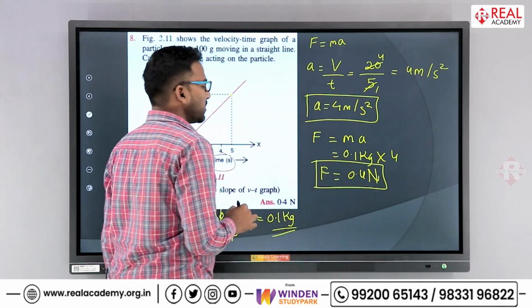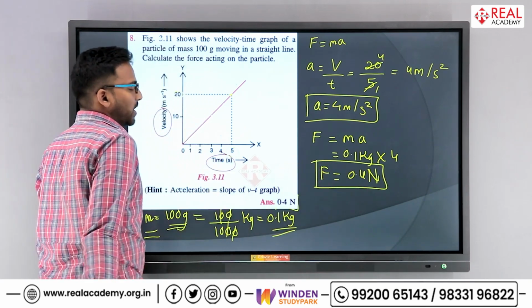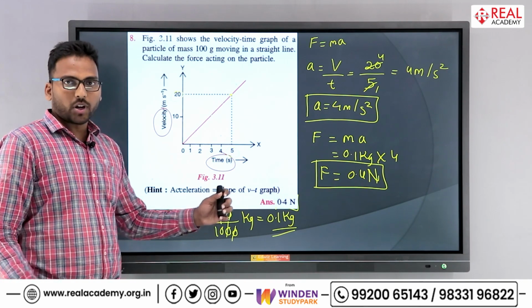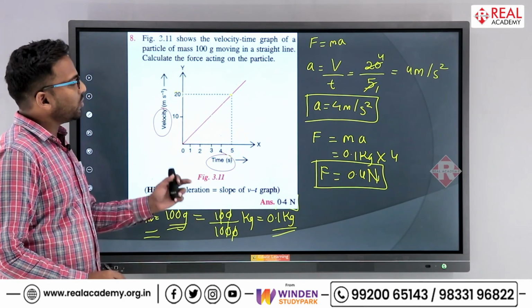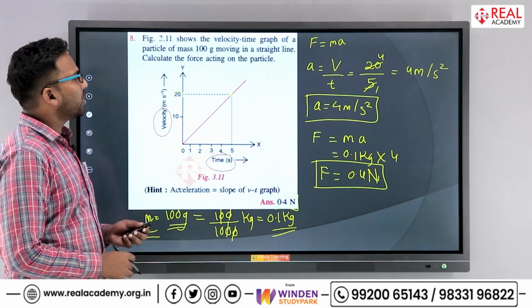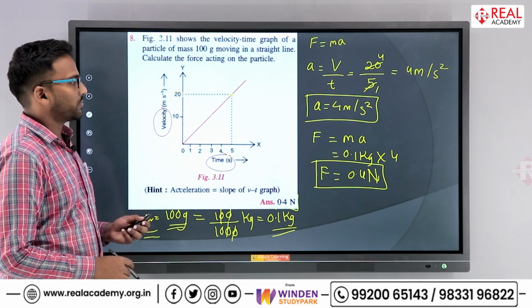So the final answer is 0.4 Newton, which is the required answer. Done? Understood everyone? So the force acting on the particle is 0.4 Newton. Okay? Chalo, next question.